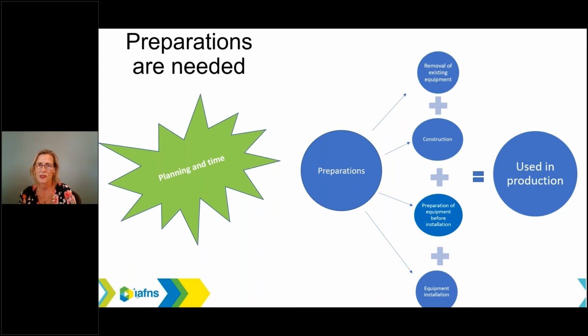The preparation of the equipment before installation, and then the actual equipment installation itself. And those are examples of 4 planning steps that should be conducted prior to having the equipment used in production. Okay, next, please.